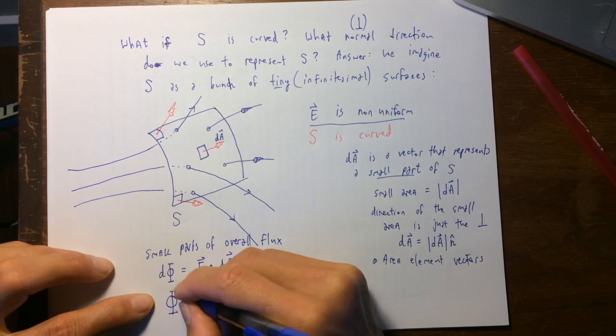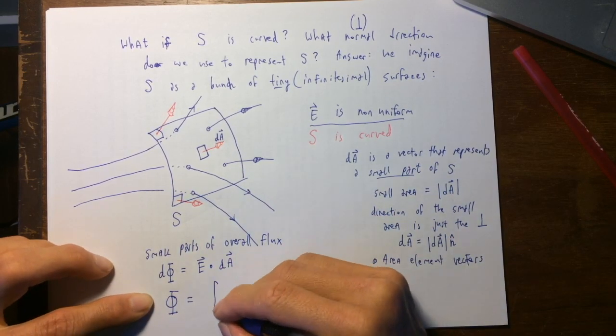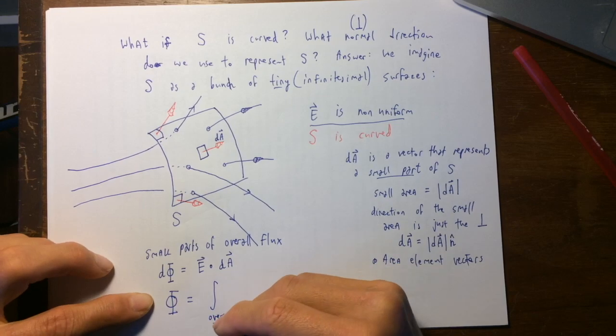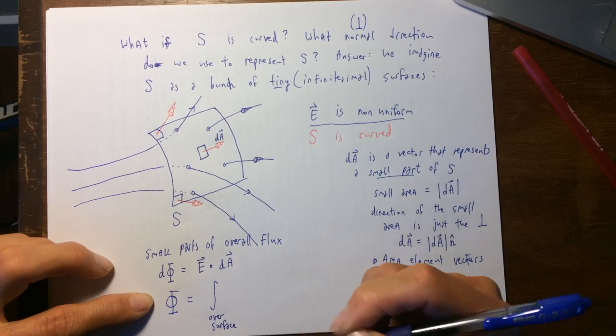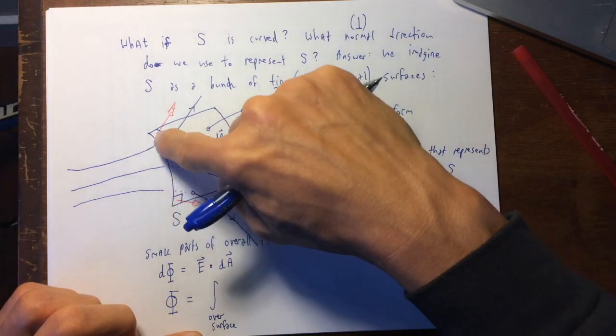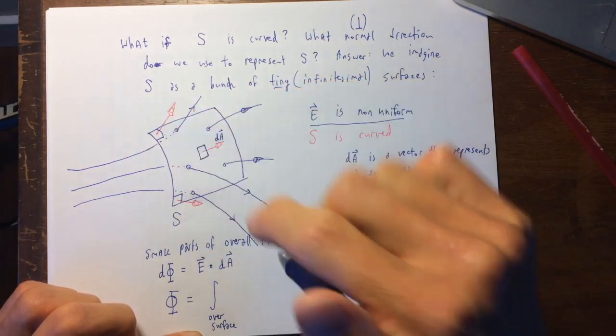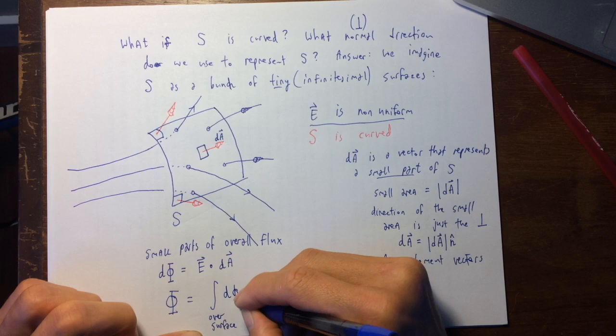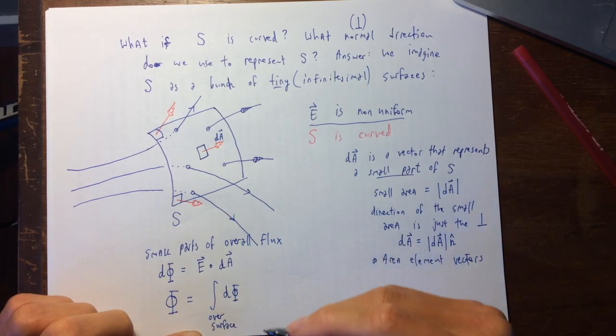So the total flux is equal to the integral over the surface, right? We have to figure out what all the tiles of the surface are and add up all of the small pieces of flux.